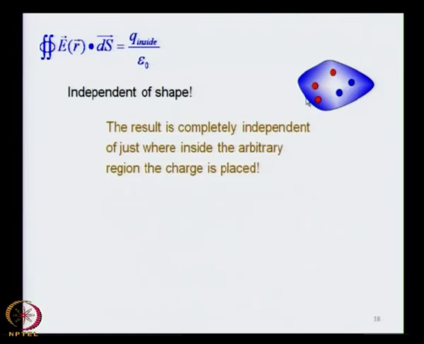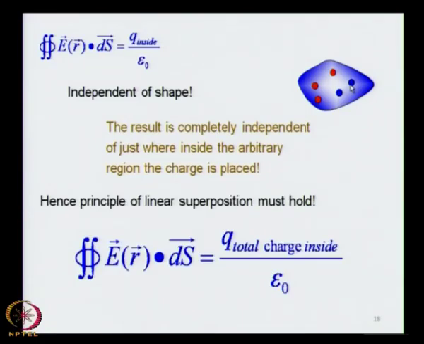As a matter of fact, you can have one charge over here, another over here, a third over here, a fourth over here, and a fifth over here. So, in that case, you will need to carry out the sum total of all of these charges, because we know that the principle of superposition holds for Coulomb's law. So, it must hold good in this case as well.